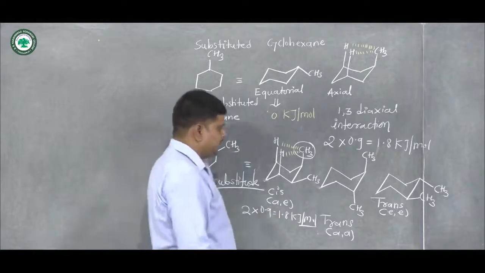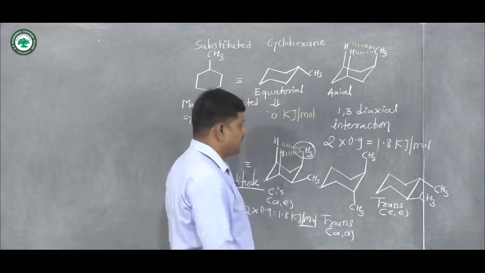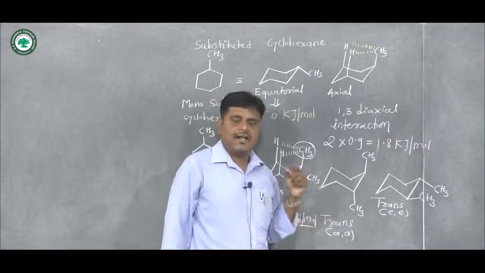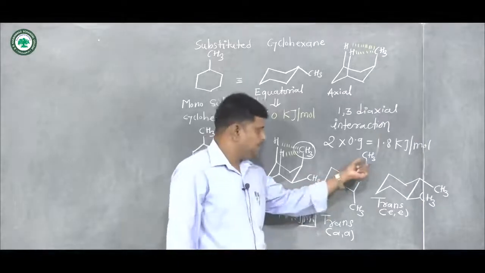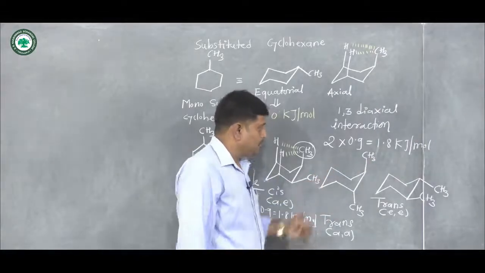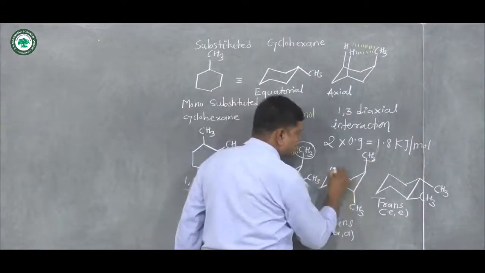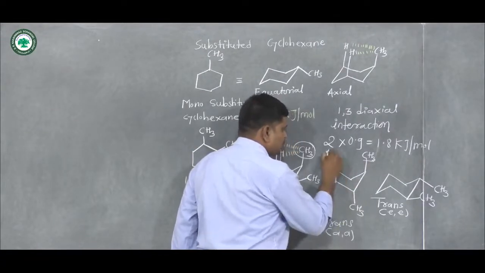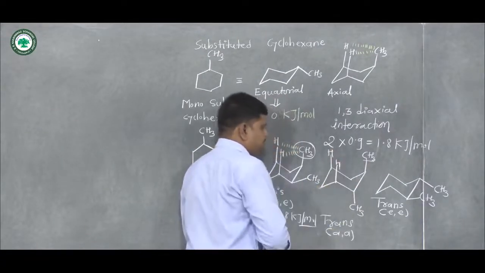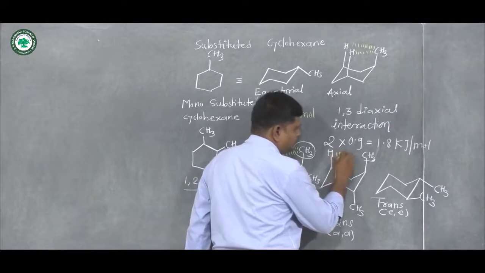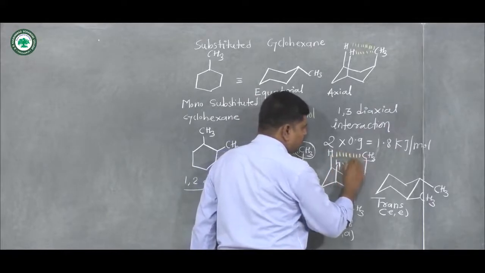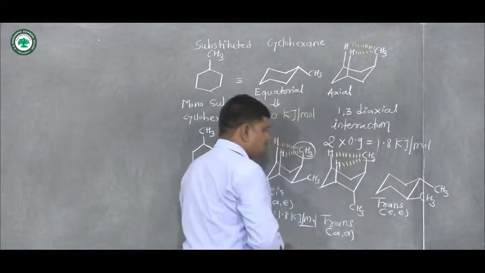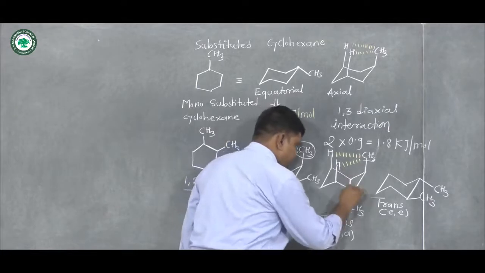Okay, then for this, here two methyl groups are axial, so this beta methyl gives two interactions and the alpha methyl also gives two interactions.